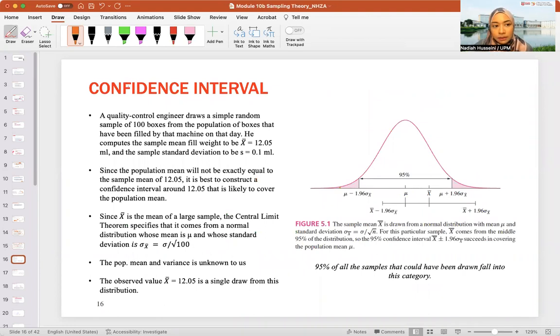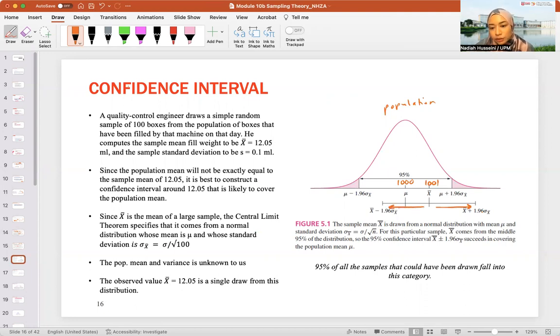Remember that our population follows a normal distribution in the example that I told you earlier. And this is the mean. Let's say your mean is 1,000, right? And the sample mean that you got is 1,001. If you say that your mean has a confidence interval of 95%, then your sample mean can be between these values.